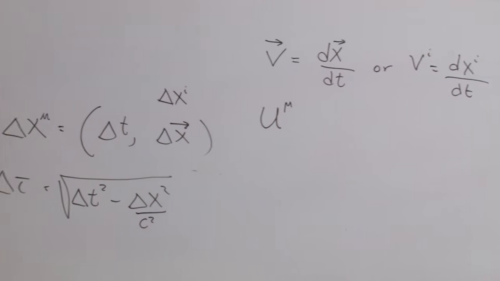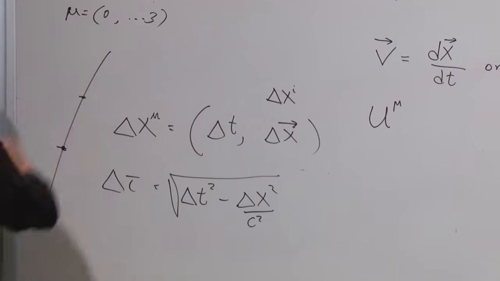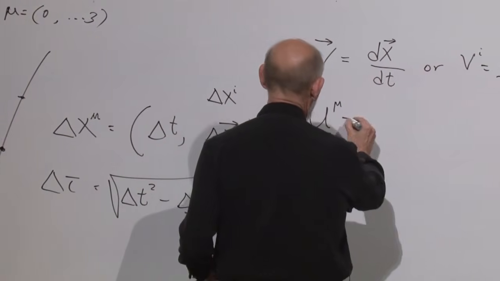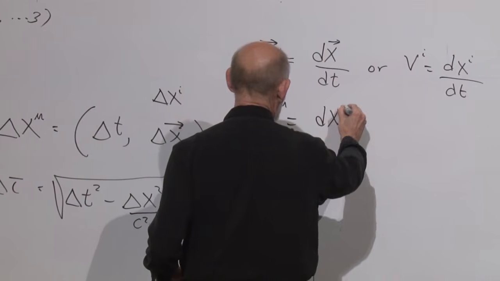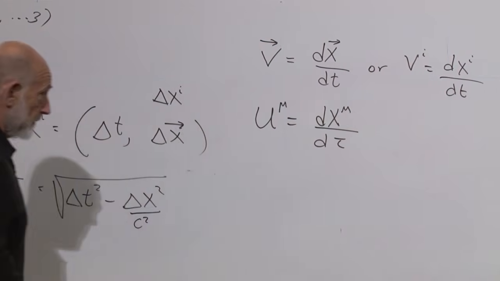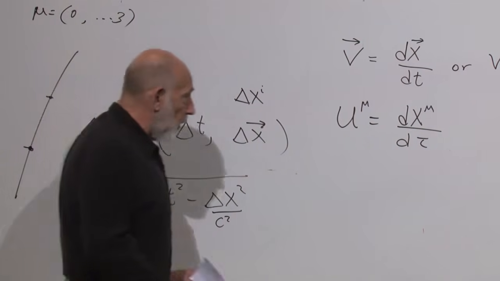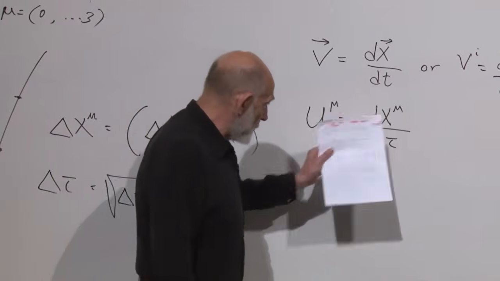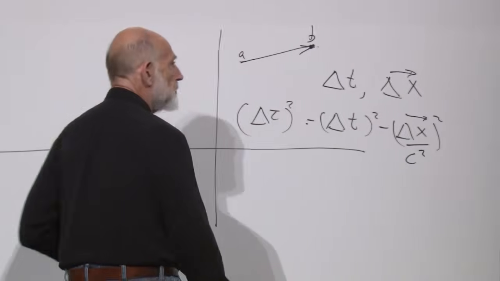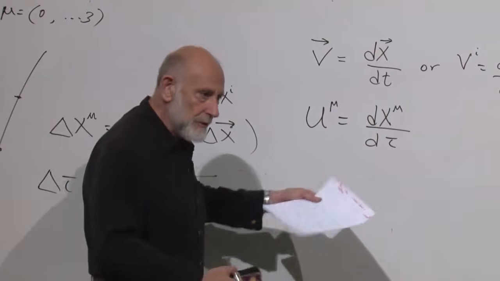Incidentally, mu runs from 0 to 3. 0 is the time component. This is equal to dx mu by not dt, but d tau. So there are 4 of them, and they constitute what is called the 4 velocity, the 4-dimensional analog of the velocity. First question is, what is the connection between the 4 velocity and the ordinary velocity? So let's work that out.